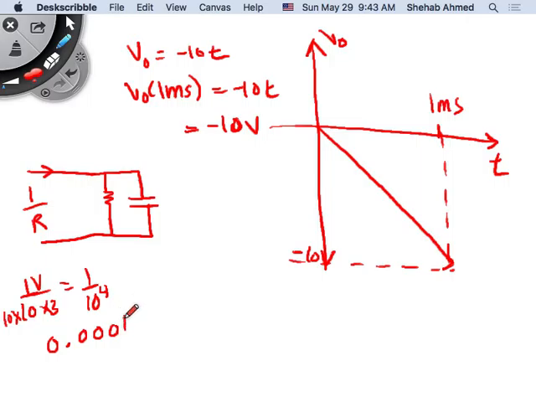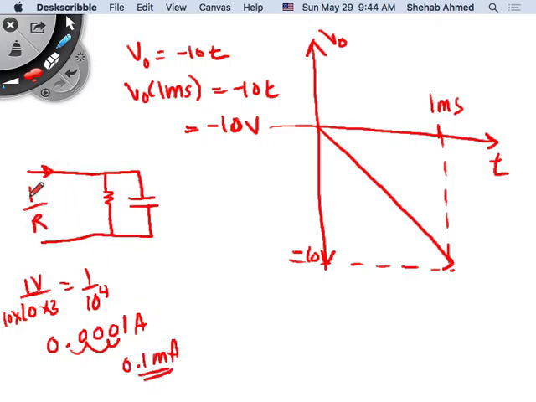So 3 zeros and amps. That's the current. So it's 0.1 milliamps. That's the current flowing in here.